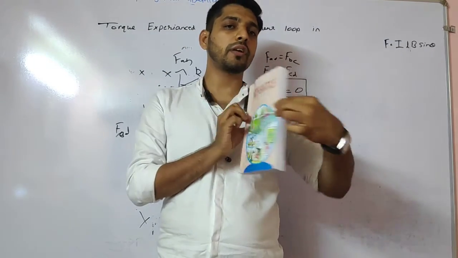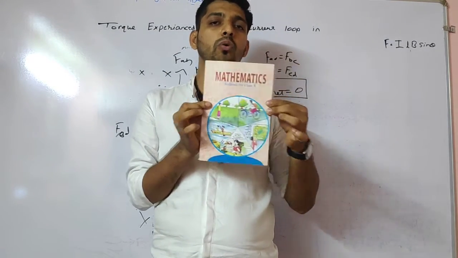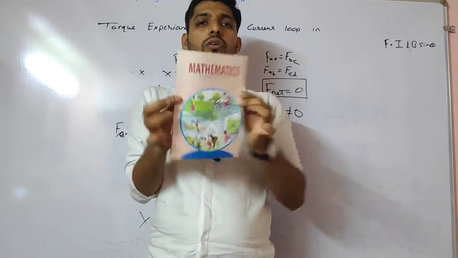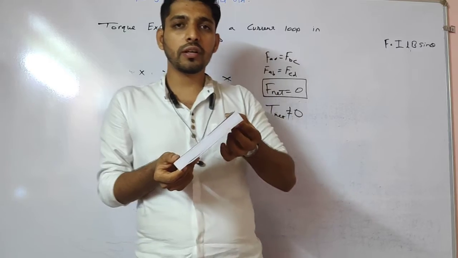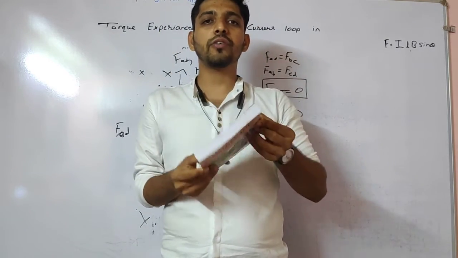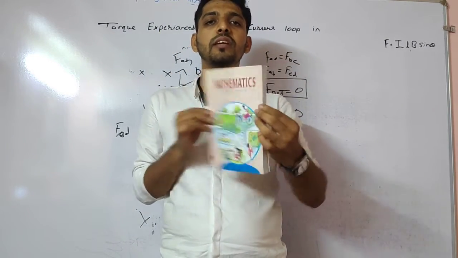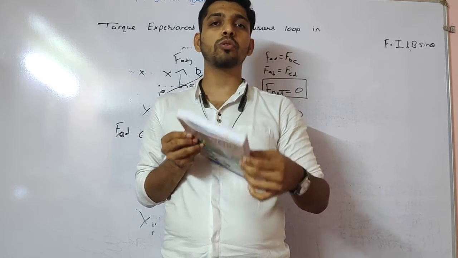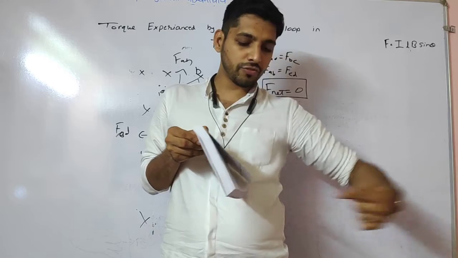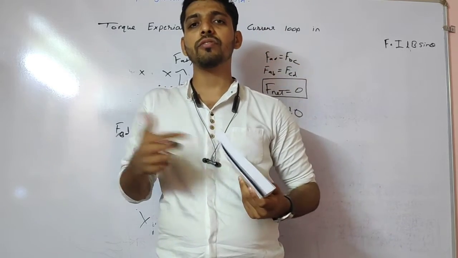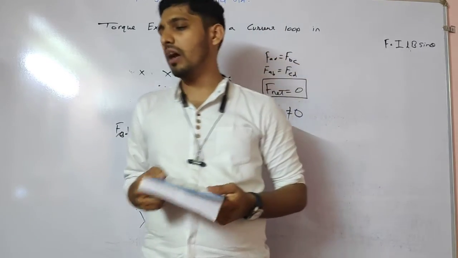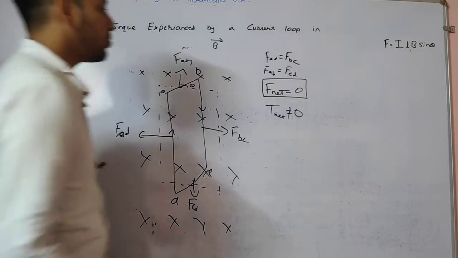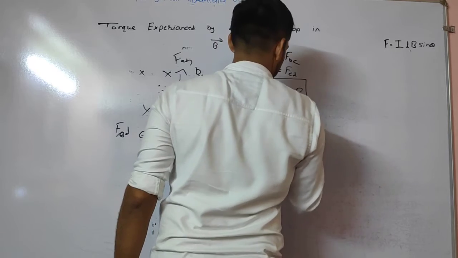This force will try to rotate it to keep it in the original position, whereas this force will try to rotate it in the other direction. So it will try to rotate itself, which means there is some amount of torque acting, because the lines of action of the two forces are not in the same line. Therefore the net torque here will not be equal to 0.